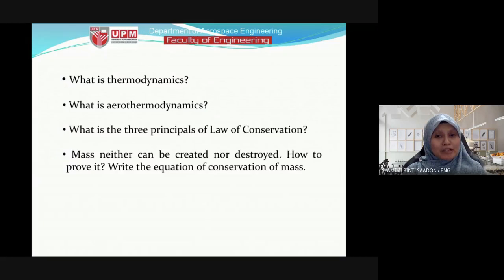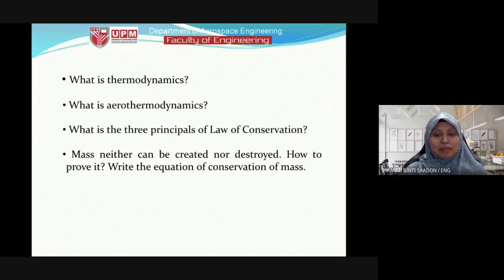in mechanical thermodynamics, we focus more on cycles. There are a lot of mechanical cycles, gas and vapor cycles, the thermodynamic cycles. But for aerospace engineering and specifically aerothermodynamics, we only focus on the Brayton cycle, because we only use the Brayton cycle for aircraft engines.